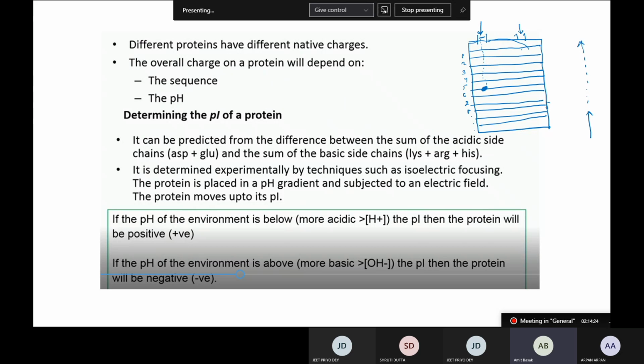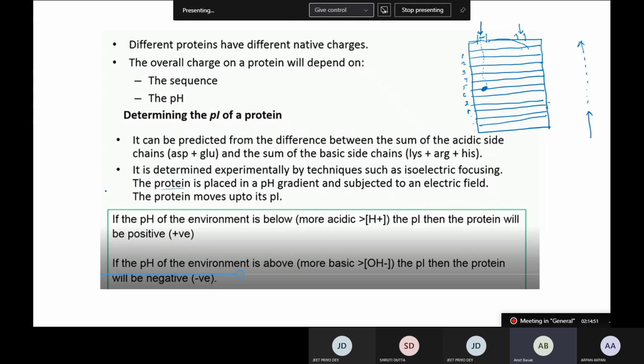So it stops there. This is a nice way, also called isoelectric focusing. It means basically you are focusing. It's in a mixture, but ultimately you pinpoint the protein of interest. That's why this name is given, isoelectric focusing.